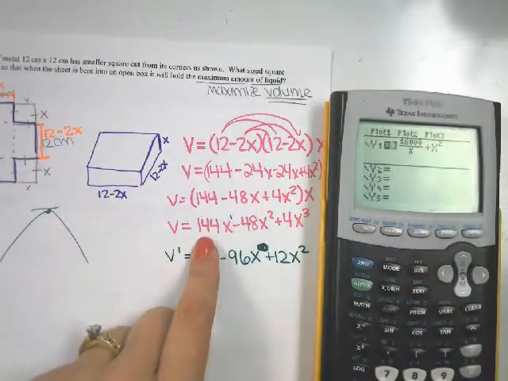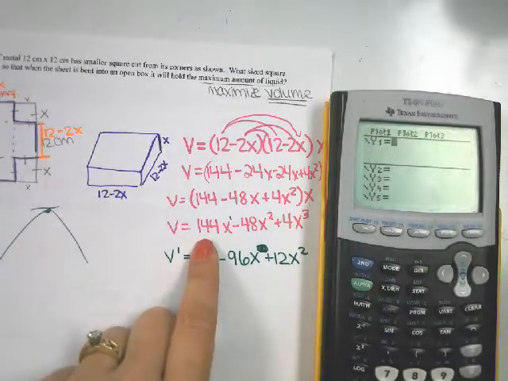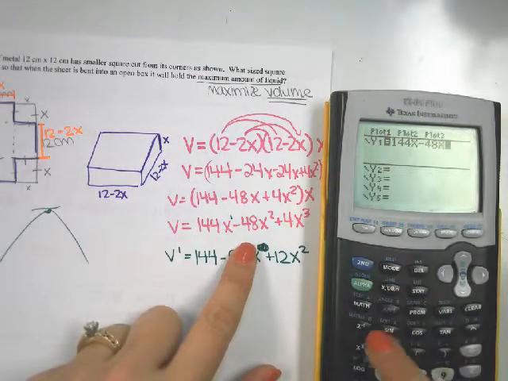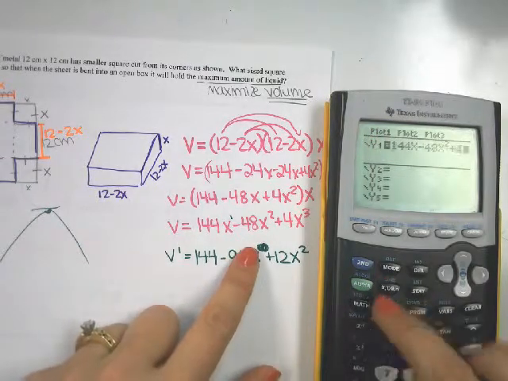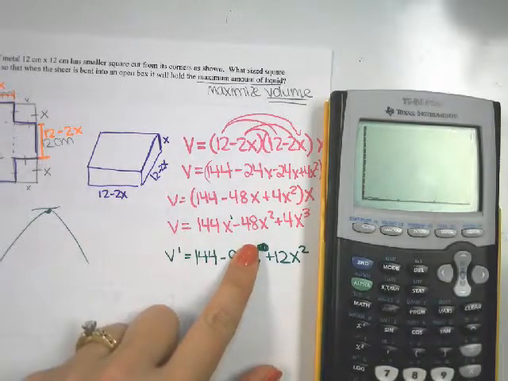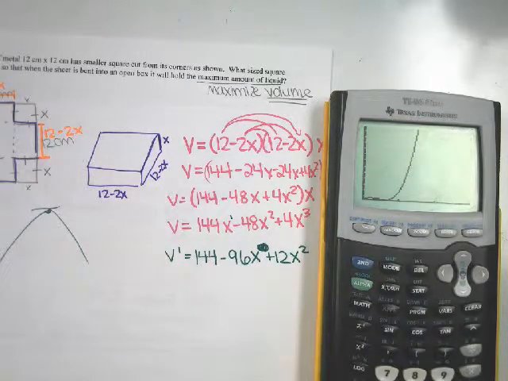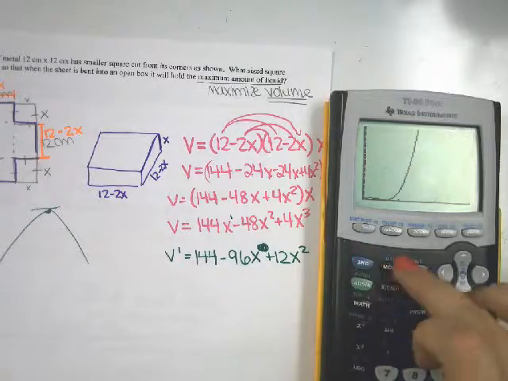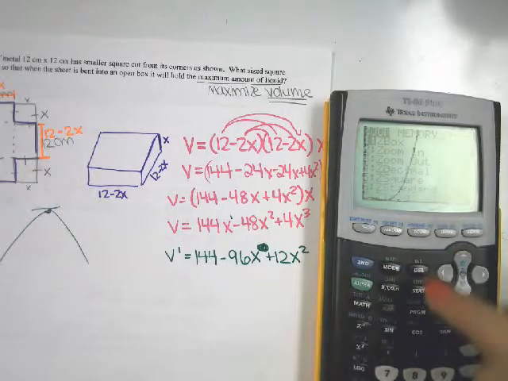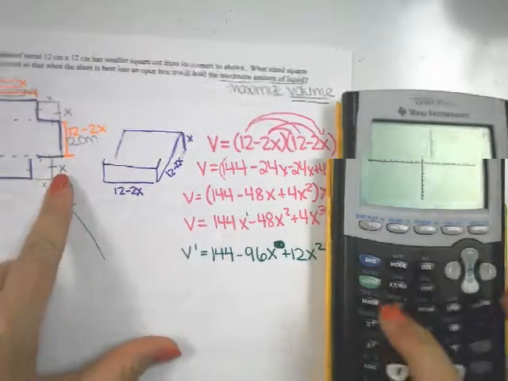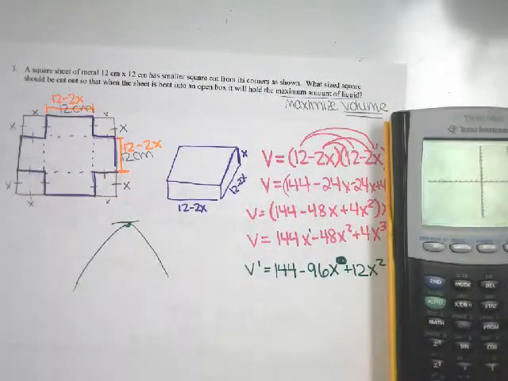So I'm going to graph this original volume formula, because that is what I want to maximize. 144x minus 48x squared plus 4x cubed. My window's all messed up from before. We have some restrictions on x that aren't taken into account on our graphing calculator. So first, our x has to be positive. We have to take away at least something positive.